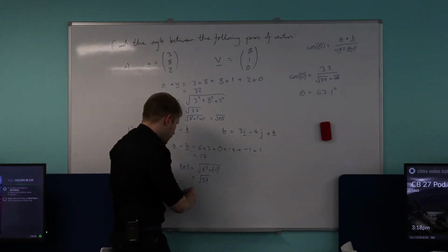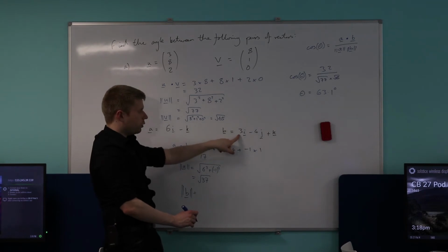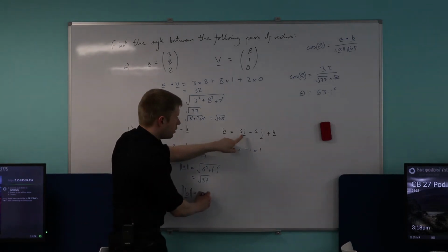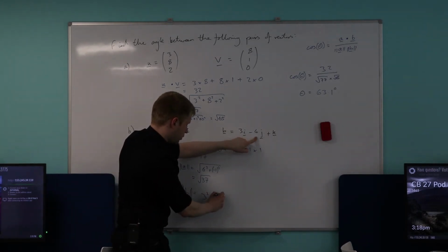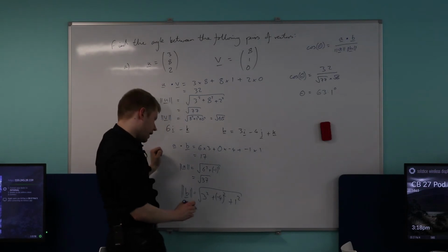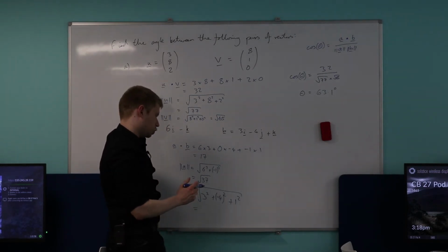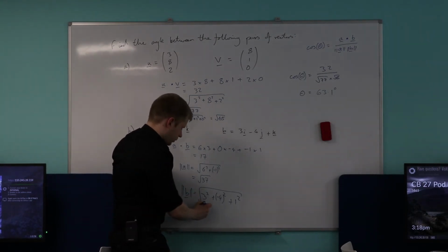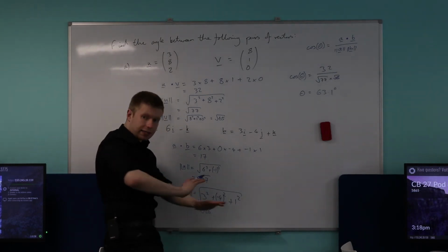Okay, and in which case then the length of b is going to be equal to that thing squared plus that thing squared plus that thing squared, square rooted, which comes out as square root 26. Okay, and that's the easiest bit done.